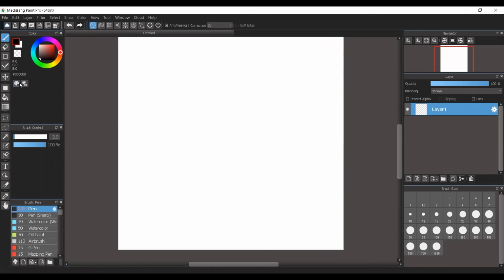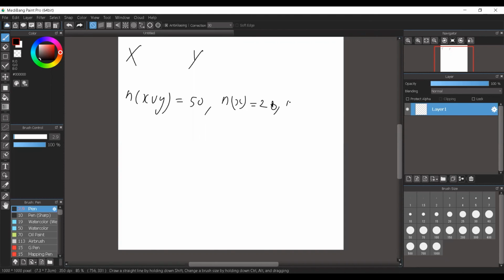Okay, the next question. We have two sets, set X and set Y, such that n of X union Y equals 50, n of X equals 28, and n of Y equals 32.